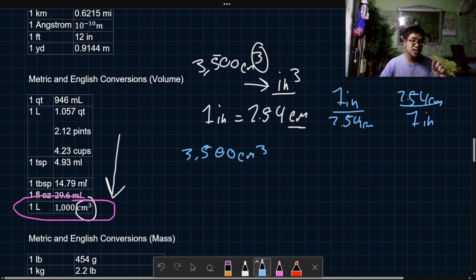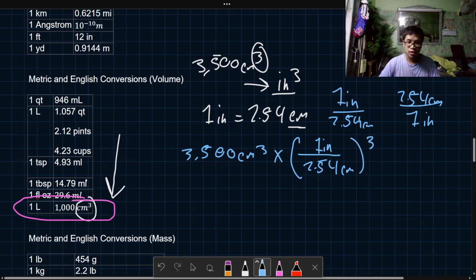Now, it's almost the same, but there's one thing that you will do. For us to cancel the cubic units, cubic centimeters, you also need to cube the fraction 1 inch all over 2.54 centimeters. If you cube them, this is what will happen.